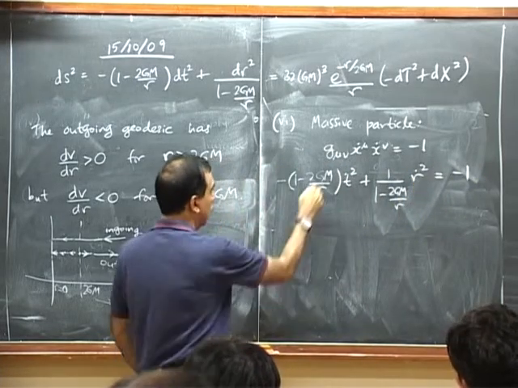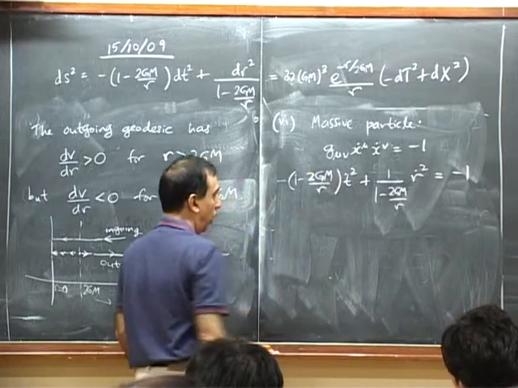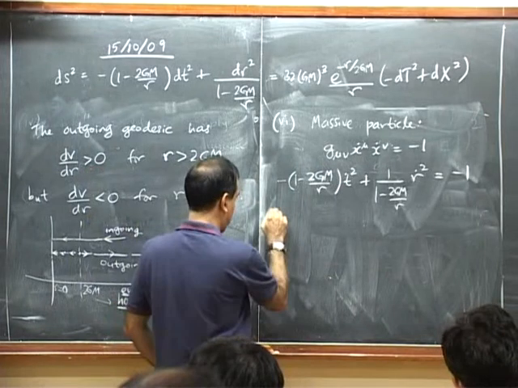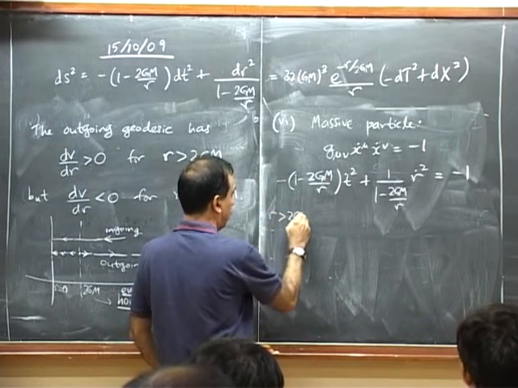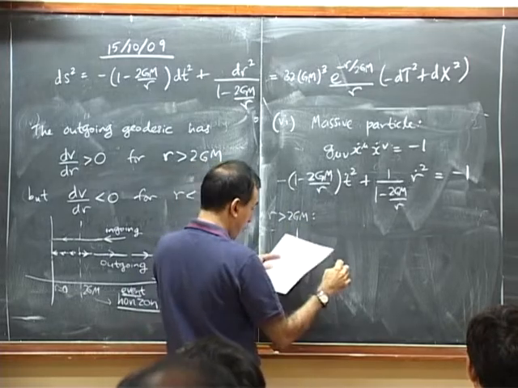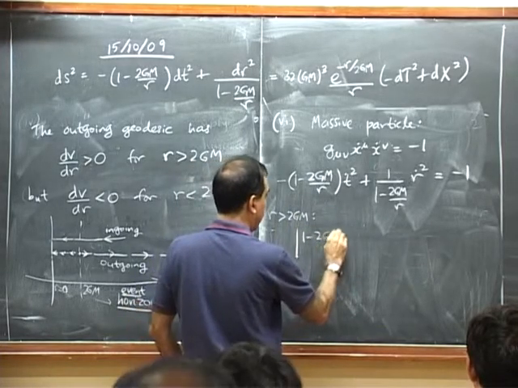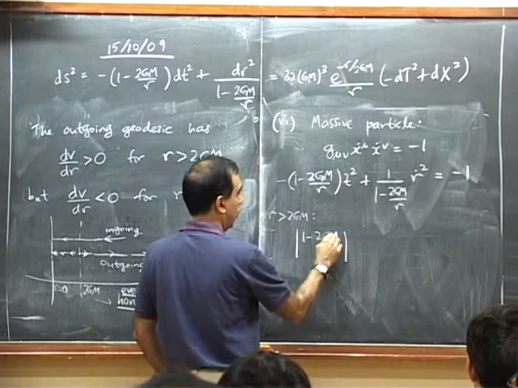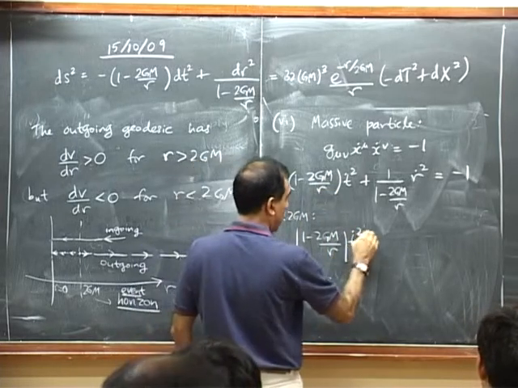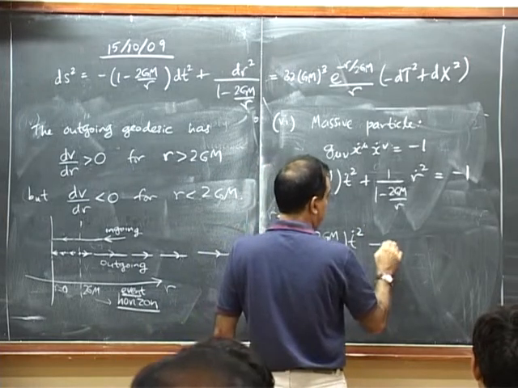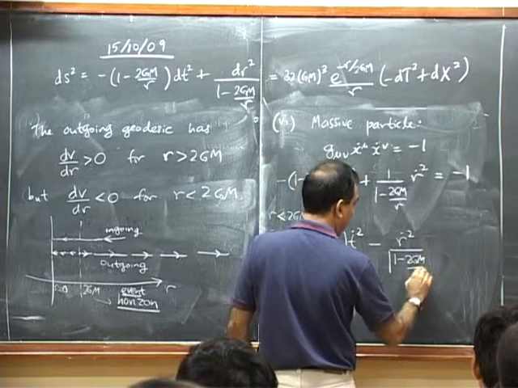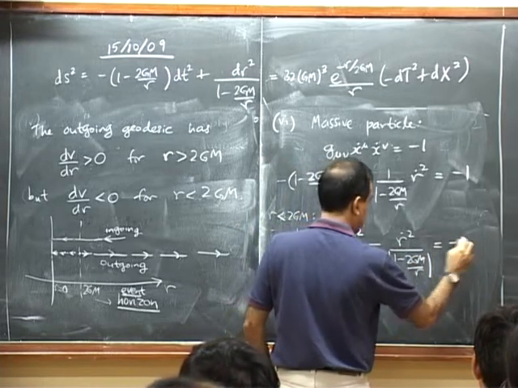Now, this is general, but if R is less than 2GM, then it's better to write this in terms of, since each of these brackets turns negative, the modulus of 1 minus 2GM by R. So when R is less than 2GM, E dot squared minus R dot squared over the modulus of (1 minus 2GM by R) is equal to -1.